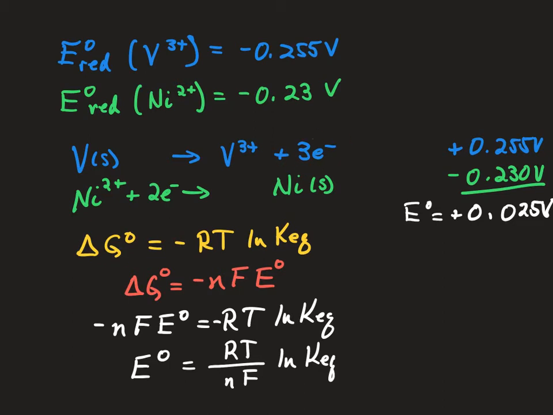If we balance this, we've got 3 and 2. When we balance that, it's going to be 6 moles of electrons when we properly balance those two. So our N will be 6. So we substitute in and solve for the equilibrium constant.